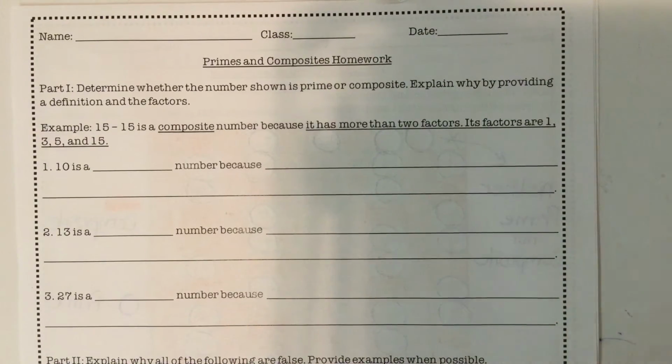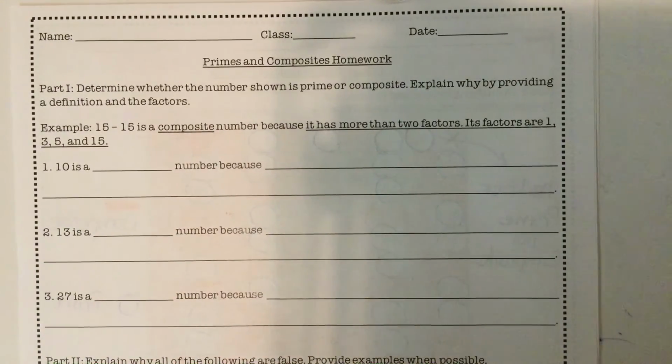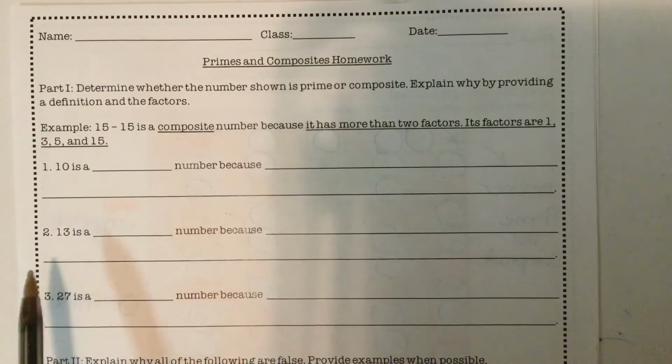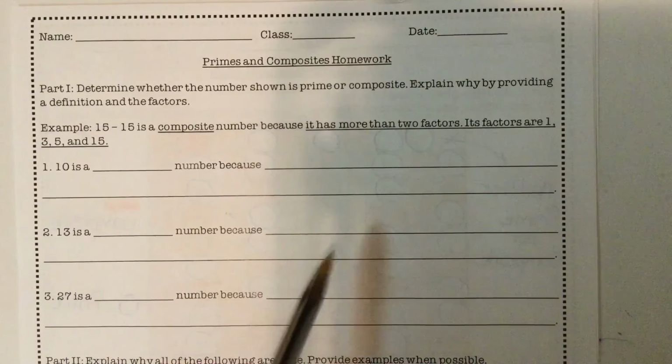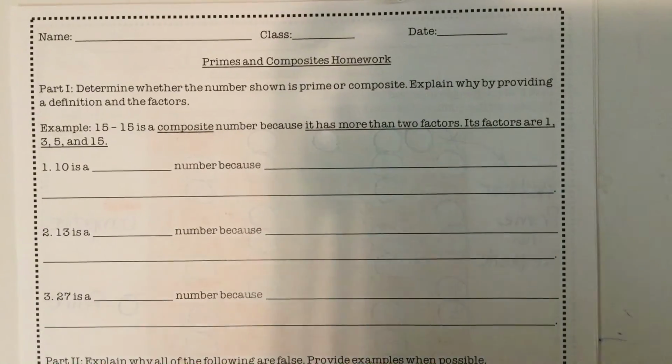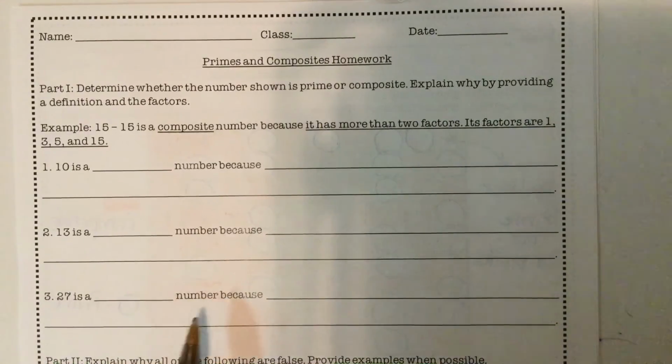Okay, so hopefully you got that finished. 10 is a composite number because it has more than 2 factors: 1, 2, 5, and 10. Okay, you should have put 13 as a prime number because it has only 2 factors, 1 and 13. 27 is a composite number because it has more than 2 factors: 1, 3, 9, 27.